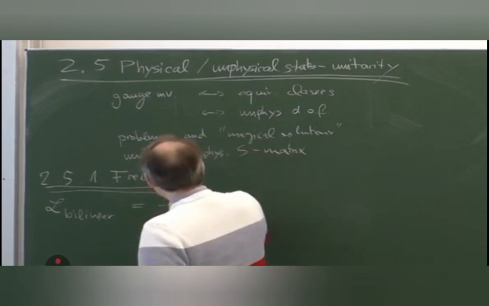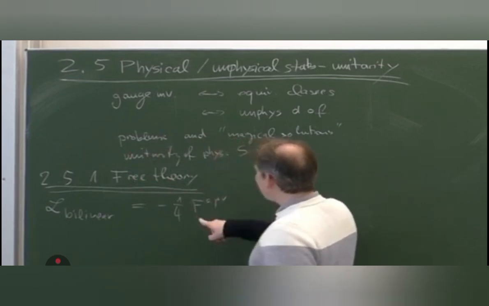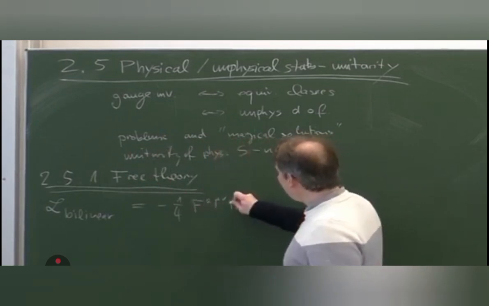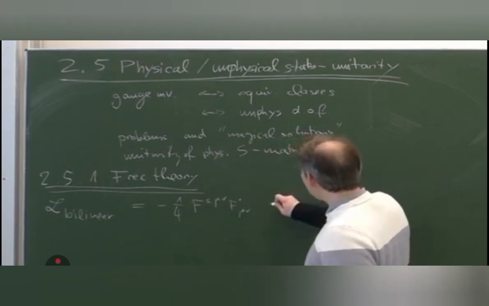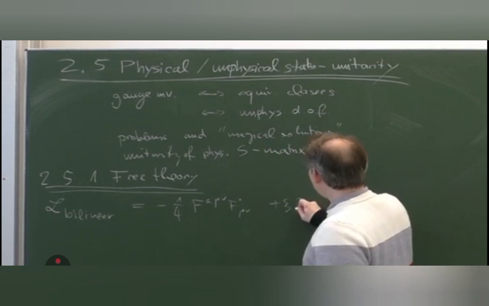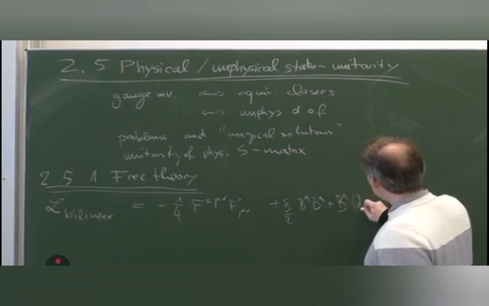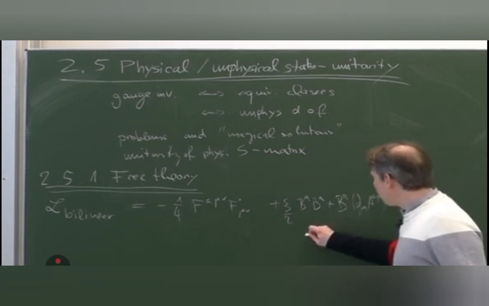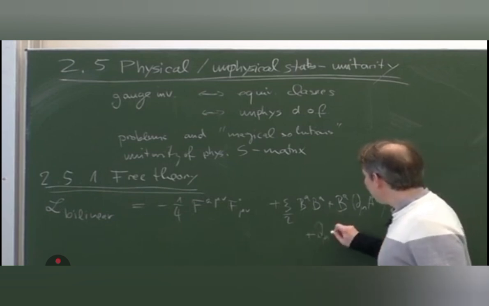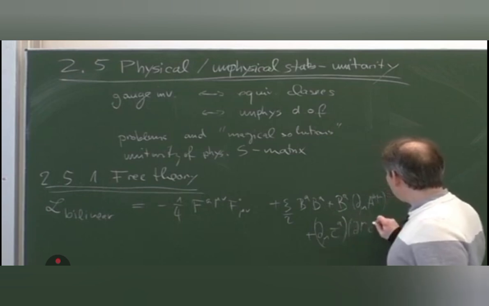And then our Yang-Mills Lagrangian contains this field strength tensor F^a_mu nu F^a mu nu, then the gauge fixing term psi over 2 B^a B^a plus B^a d^mu A^a_mu, and then plus the Faddeev-Popov ghost term, c-bar^a d^mu D_mu c^a.